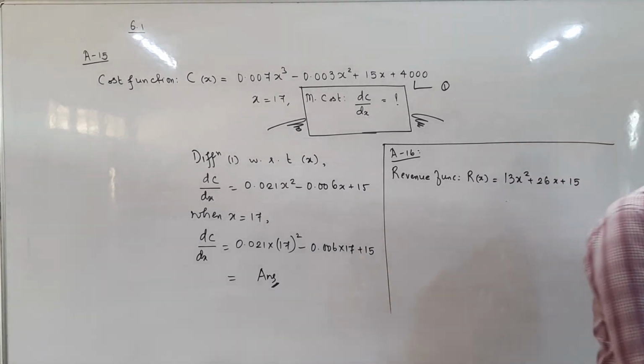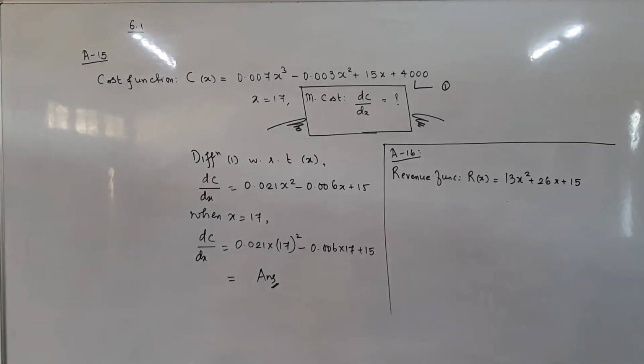Again, students, in business, whatever revenue you obtain on sales of x units is given by R(x), and revenue will be a function of sales. Sales is always in number of units.